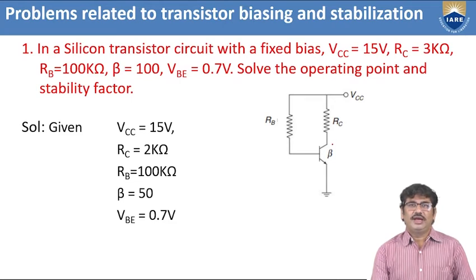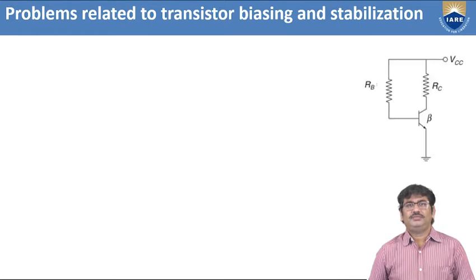Once we have IC, we can write the KVL expression for the output circuit. From that, we can extract the voltage between the collector terminal and emitter terminal. So the operating point is the collector current flowing in the output circuit and the collector to emitter voltage.